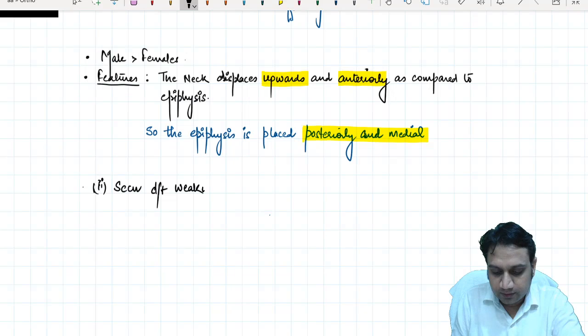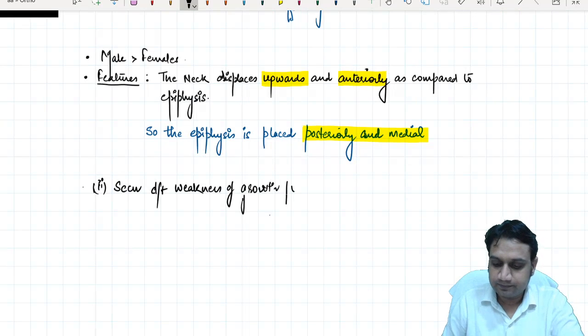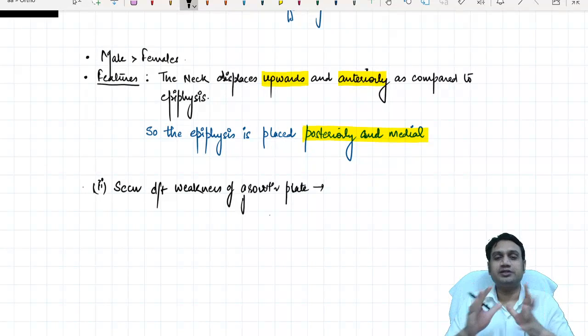Due to the weakness of the growth plate. Right? So as I said, if you remember from your basic anatomy, the growth plate has 5 basic zones.